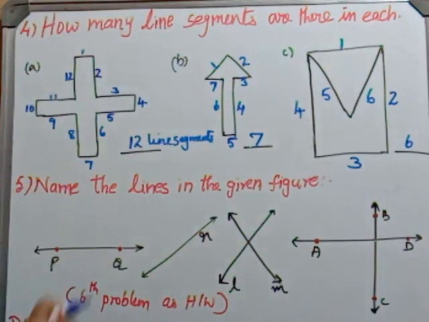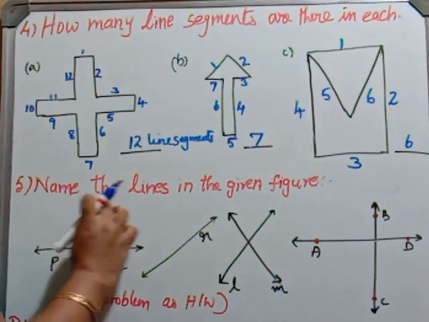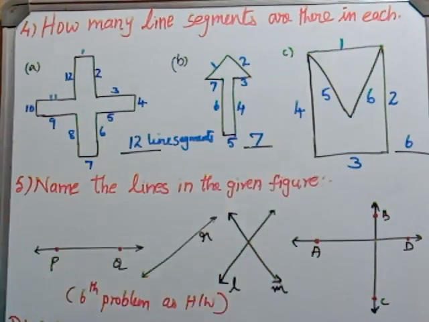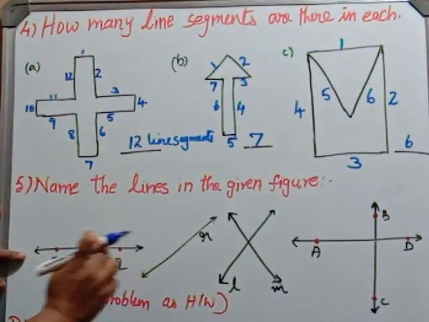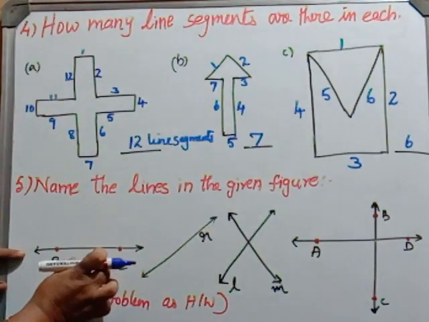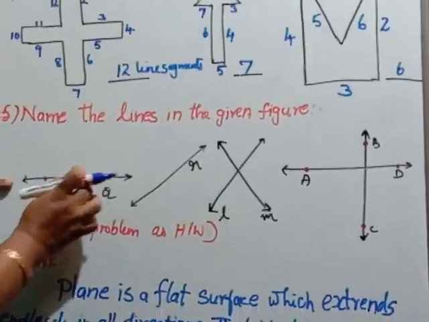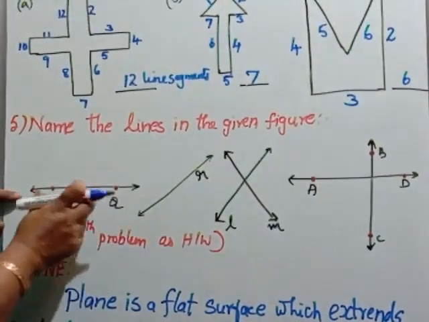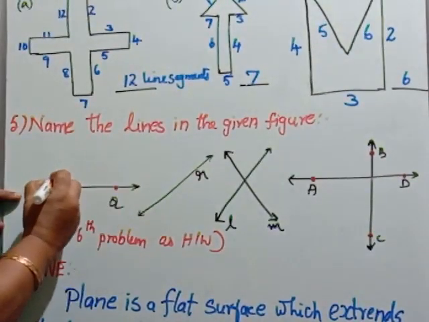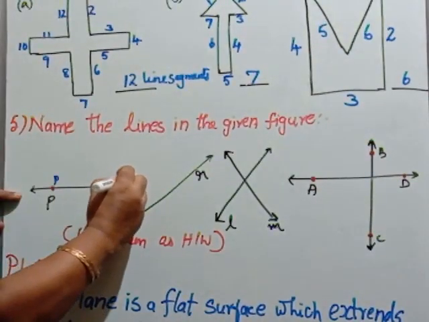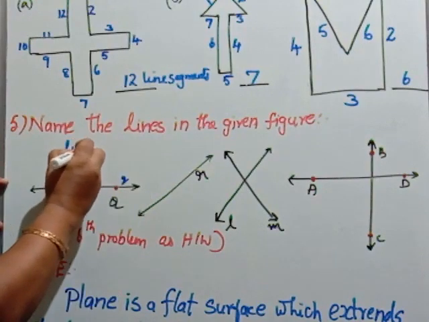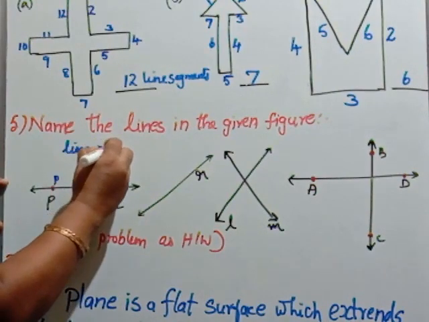Now, we'll move to the fifth main. Name the lines in the given figure. Here, this is a line. Here they are given the line segment points. So, according to us, we can write P, Q in small letters. We'll consider this line PQ.